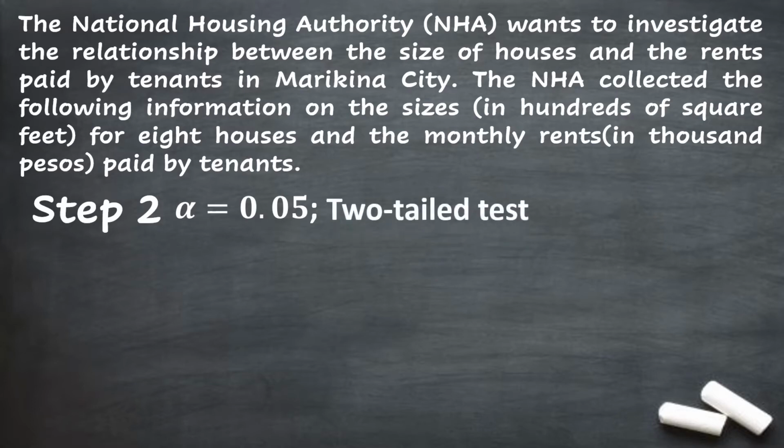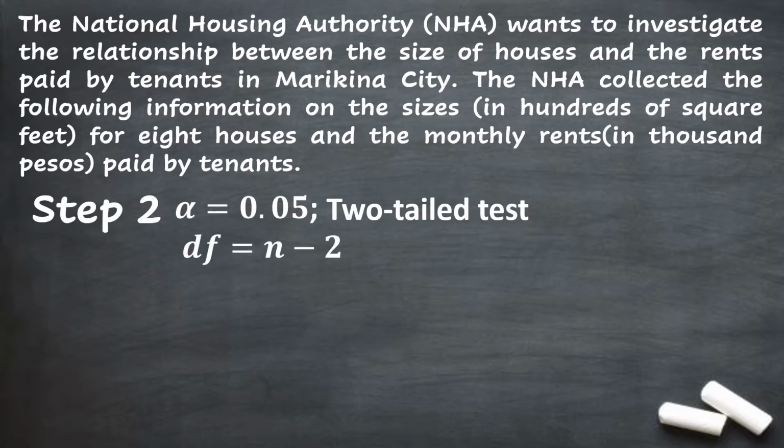The number of tailed tests is determined by the mathematical symbol used in the alternative hypothesis. In this problem, the symbol is the not equal sign. So, therefore, the number of tailed tests for this problem is 2 tailed tests.